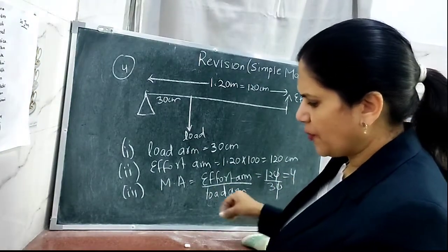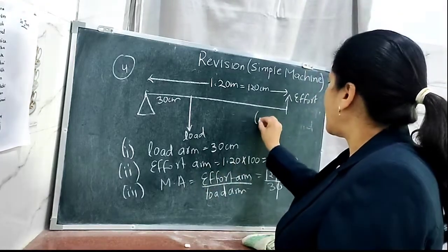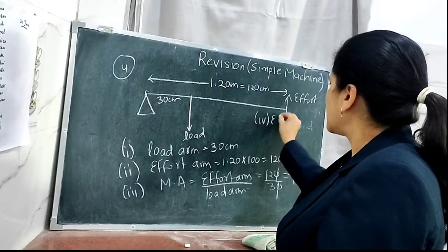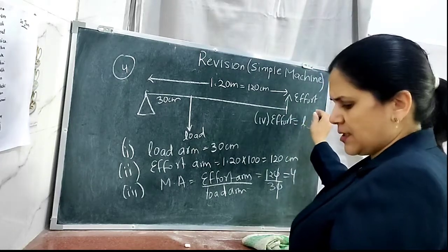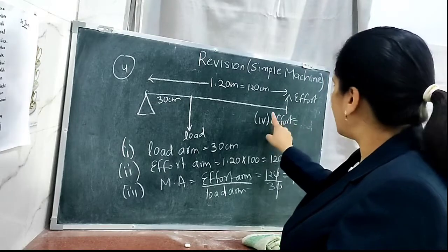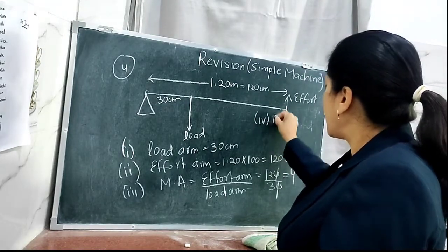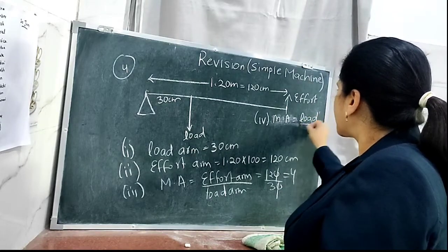Now, one more part they are asking us here, in the fourth part, to calculate the effort. Use the formula, apply the formula for the mechanical advantage. Mechanical advantage is equal to load upon effort.